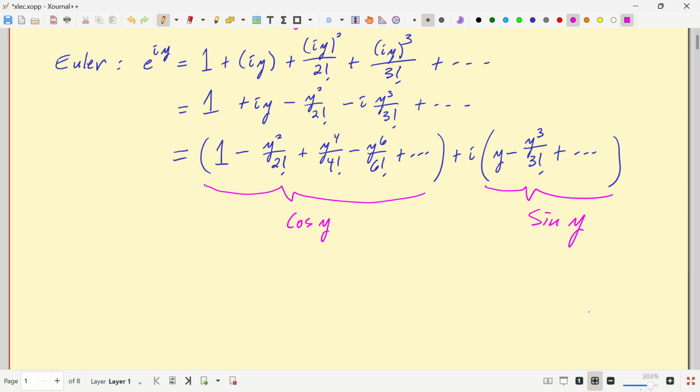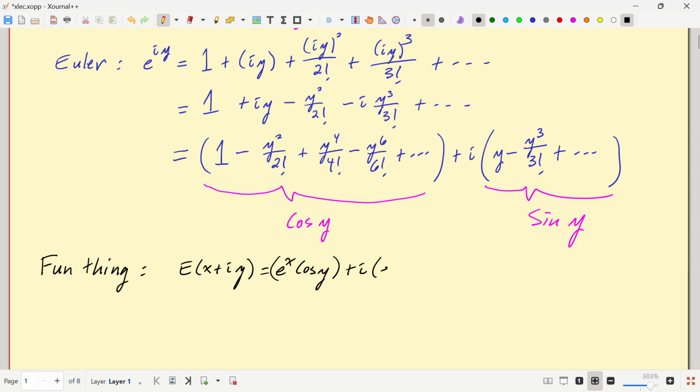So let's see. A fun thing to do, very much like what I did last time. If I write e to the x plus iy, it should be e to the x cosine y plus i e to the x sine of y. It's kind of what it has to be.